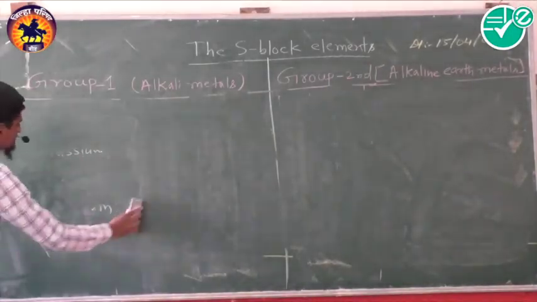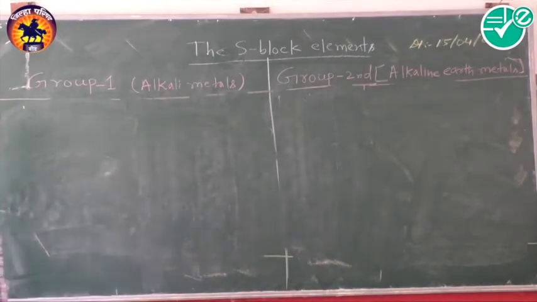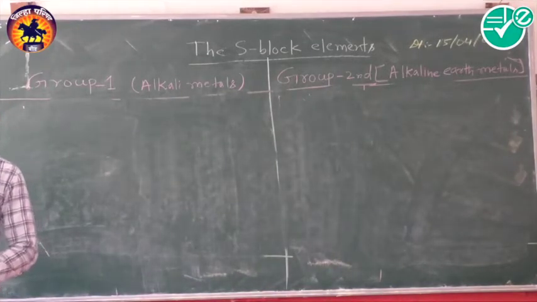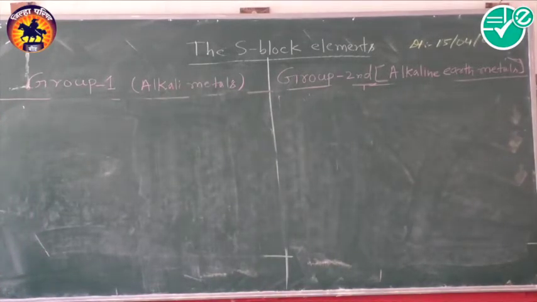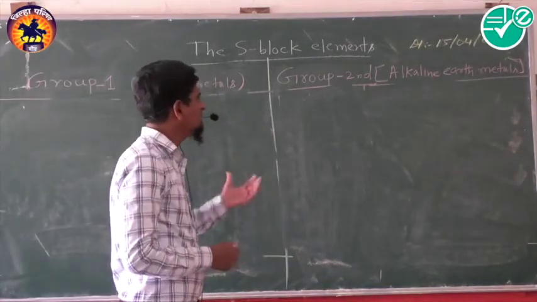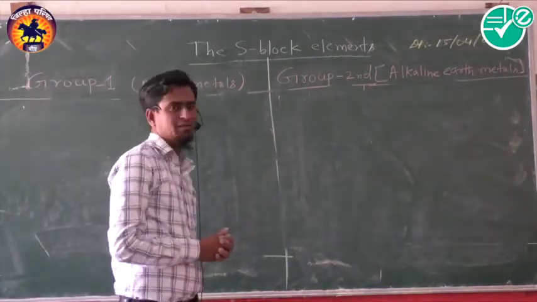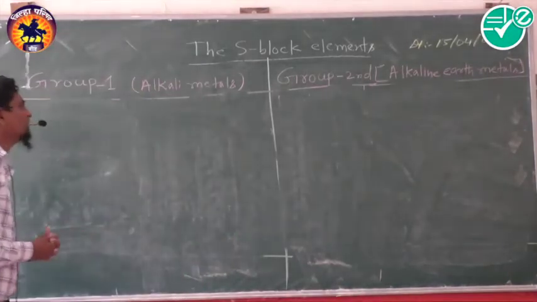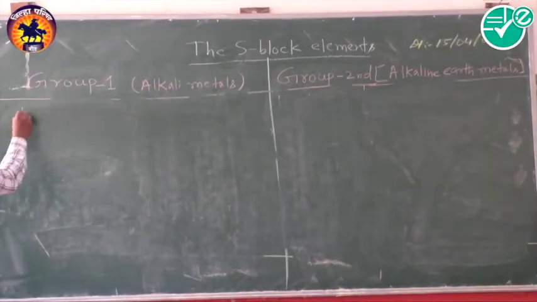Now see, after that we will see the chemical traits or periodic traits of these elements. First of all, we will see the periodic trait of atomic size.